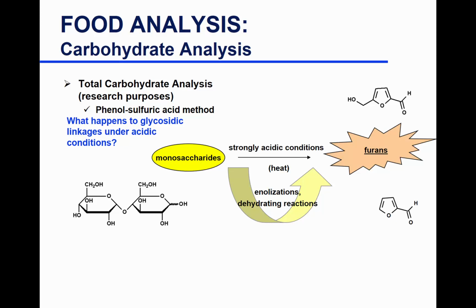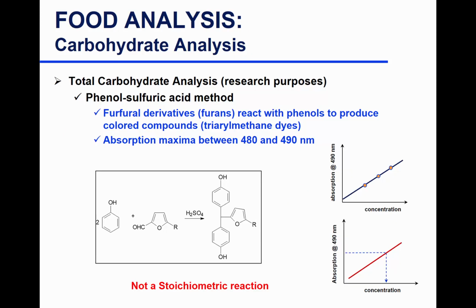So these furans will be the compounds that react with a phenolic substance. So here's a furan and here's a phenol. They will react to give you a compound that will have an absorption between 480 and 490.